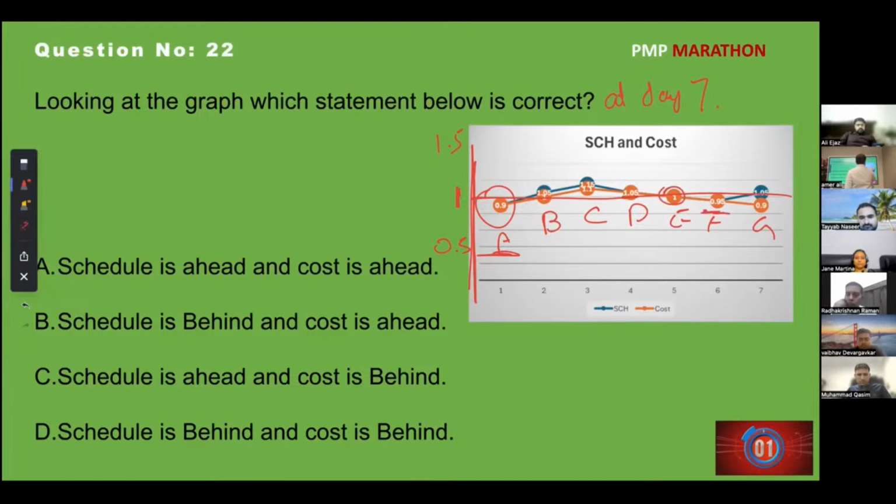Here, both are below. The blue one is schedule. Schedule is ahead, cost is behind. Is this graph clear to everybody? Is this graph clear to everyone? Anyone who has any confusion? Good.